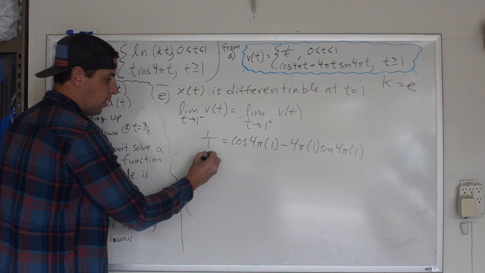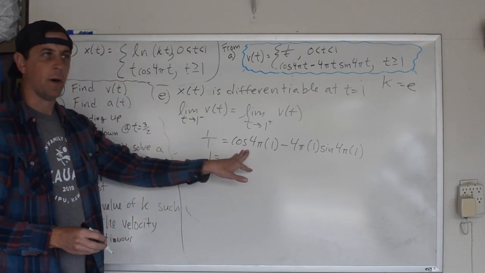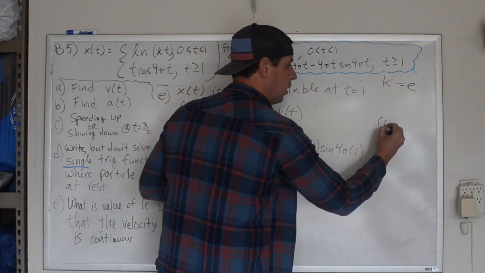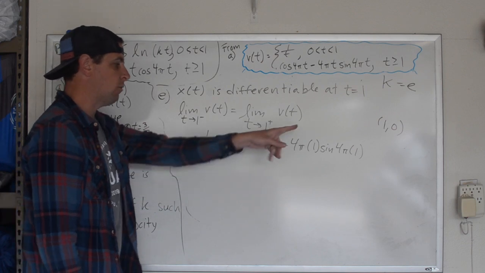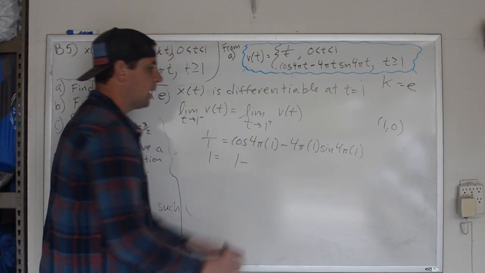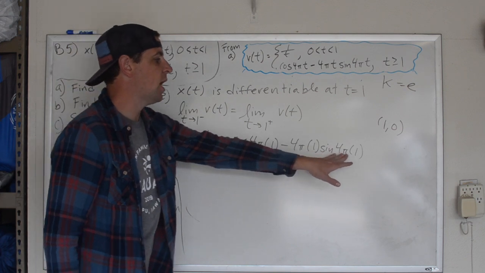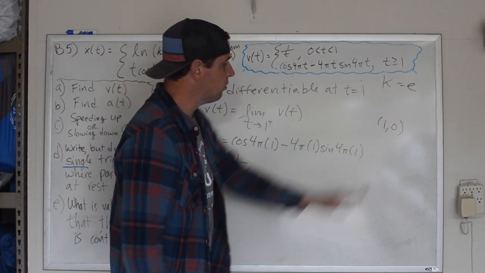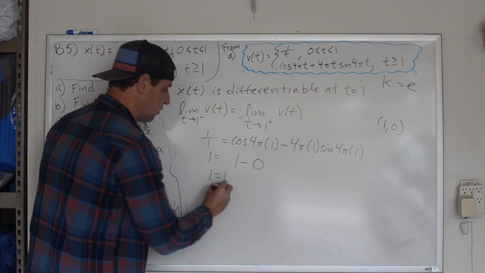So 1 divided by 1 is 1. And then cosine of 4 pi, we just did this. Cosine means I want the x value there, so that would just be 1. Minus 4 pi times 1 is 4 pi. Sine of 4 pi is the y value at 4 pi, which would be 0. So 4 pi times 0 is 0. And so I get 1 equals 1.